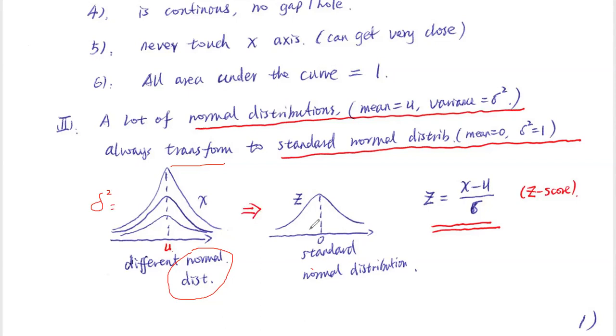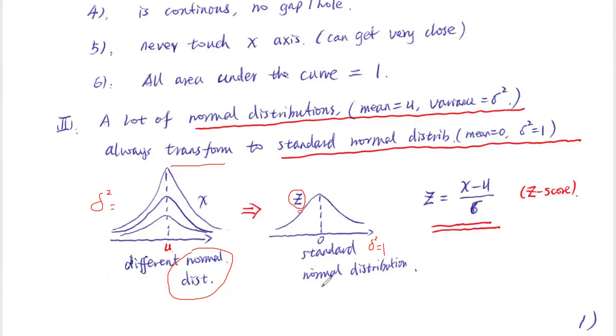Then when you normalize, the sigma squared in this case has to be equal to 1.